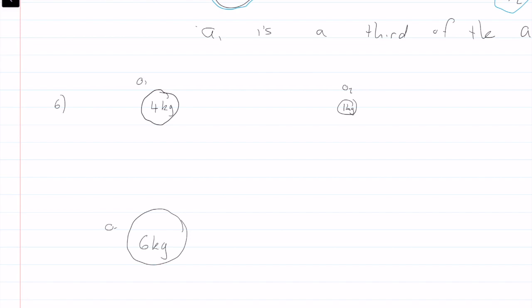All of these are acting at 90-degree angles. Let's give them some center distances. Let's say this is a distance of 10 meters apart, and this is a distance of 6 meters apart. We're working with that direction being north, so we have east, south, and west.